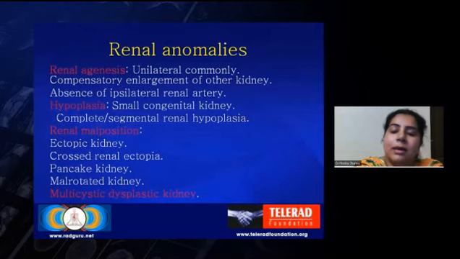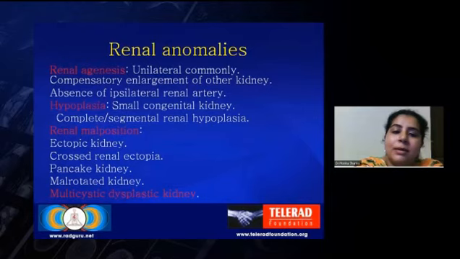A small congenital kidney will be smooth in outline, with no renal cortical scarring, and there will be a decrease in the number of renal medullary pyramids and nephrons. The ureter will be normal in cases of hypoplasia, compared to an atrophic kidney, where, if it is atrophic because of ischemia, we might find vascular abnormalities along with it.